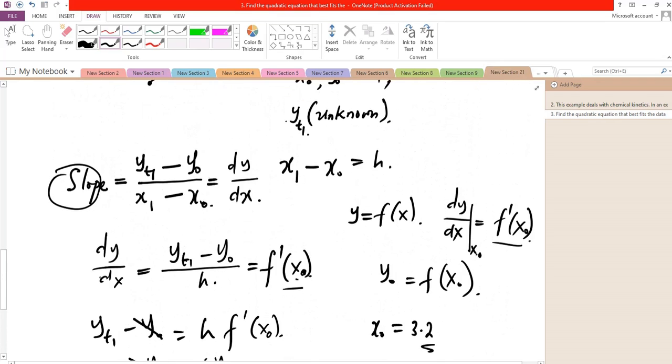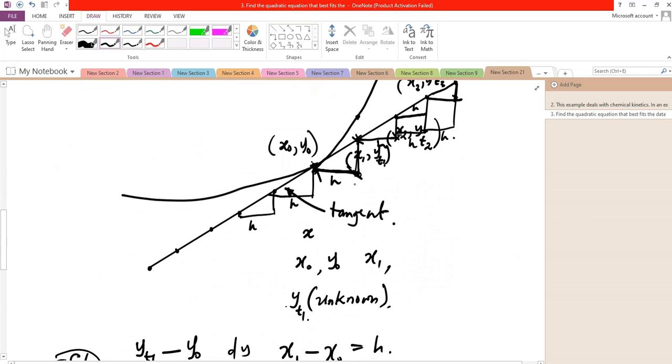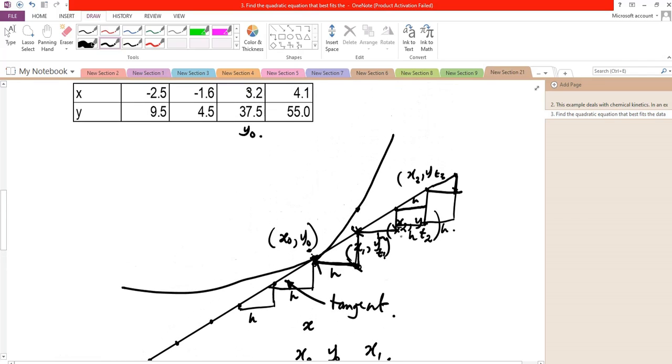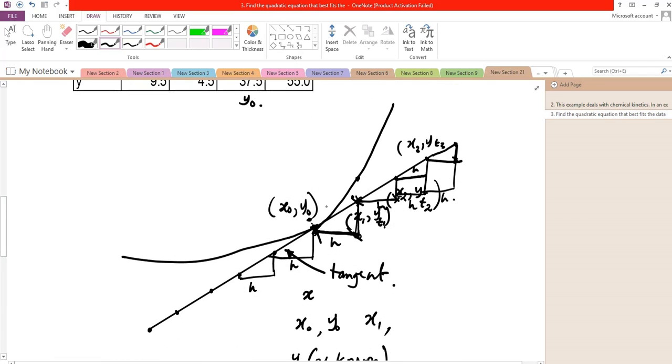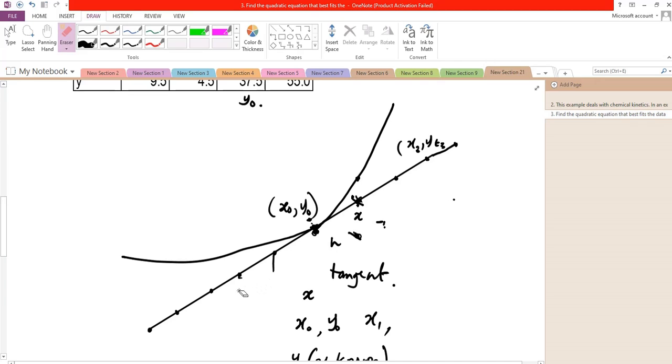Now this is for just a step from here to here. So the value for two steps, let's say here, now from this point, let me clean this whole mess so you understand what I'm saying.